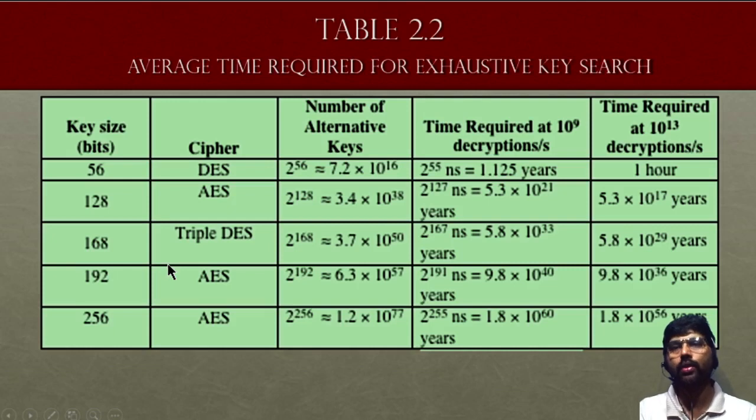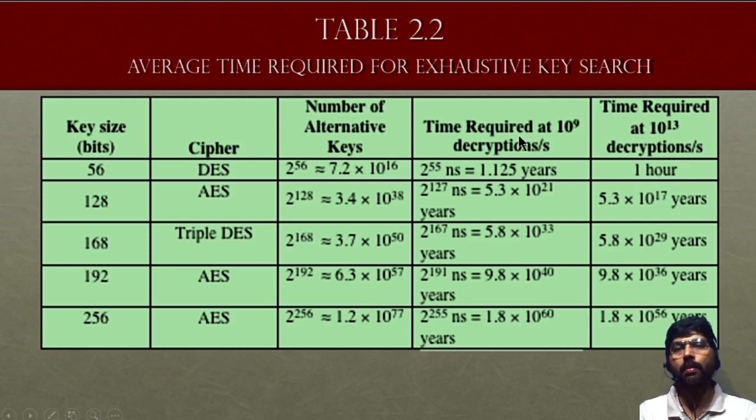Now this table shows how much time we need to break the code or the secret key by using a brute force technique. These are some of the different algorithms, the key size taken by these algorithms, the number of alternative keys generated, and the two supercomputers.